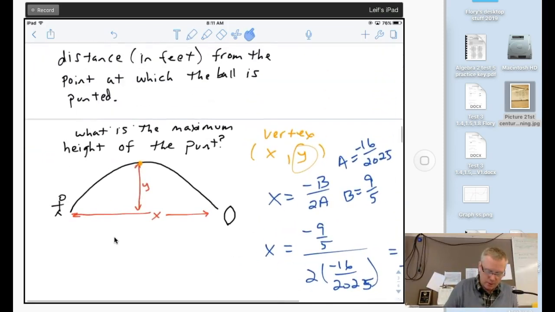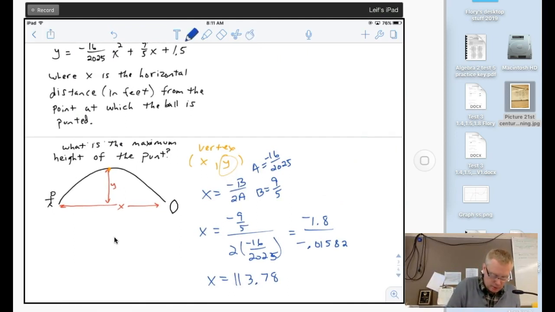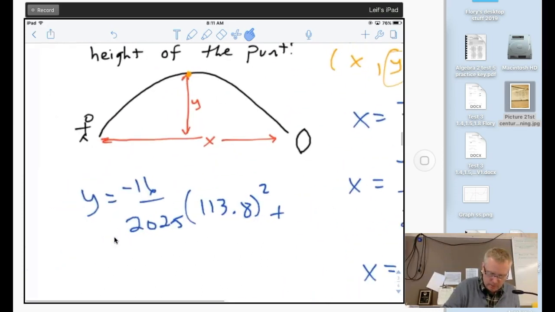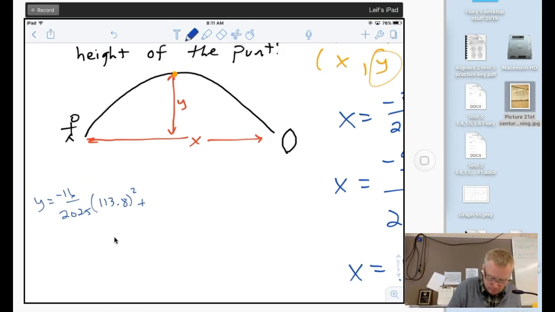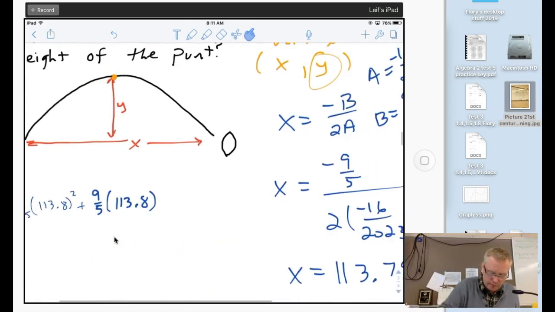Now the y value is what I get when I punch that in over here. I'm going to round that off to 113.8. So 113.8 squared plus 9/5 times 113.8 plus 1.5.